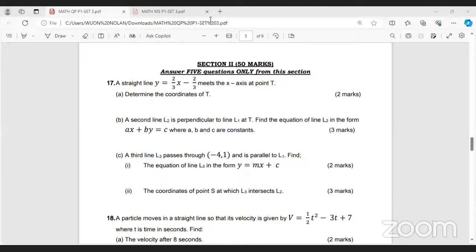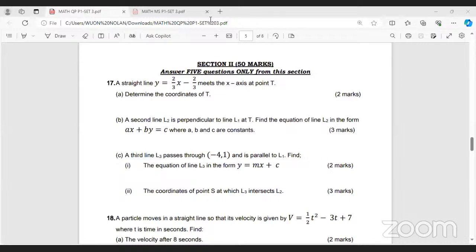Fidel: y is equal to 2 over 3 x plus 11 over 3. Someone to confirm if that's correct? Yes, it's correct. Joshua and Justin are saying it's correct.